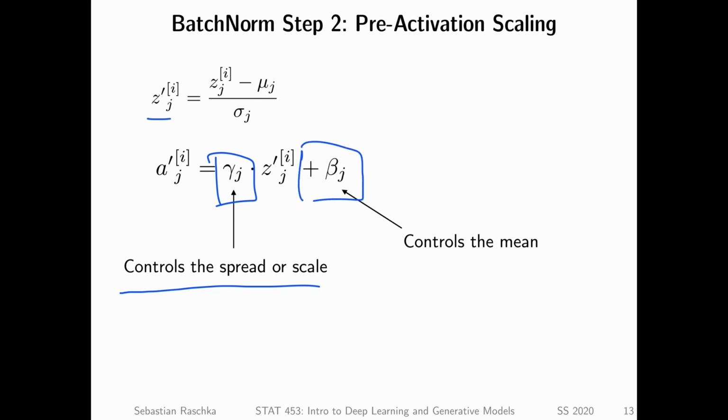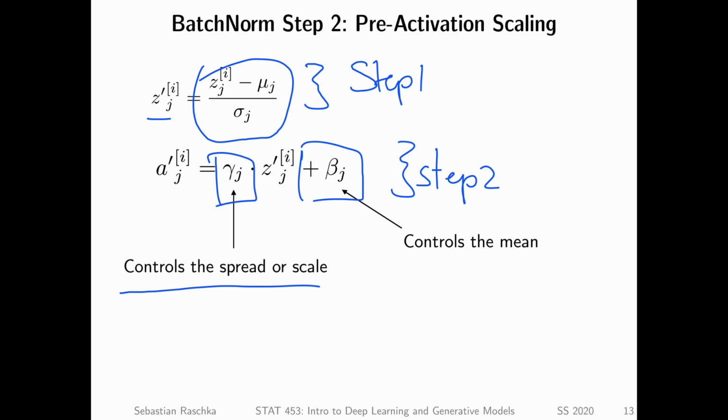If you look at this, it's basically pretty much the opposite of what we just did in step 1 here, right? So step 1, step 2. As you can see, if I would just do this in reverse, what I would do is multiply by the standard deviation and then add the mean, to undo this operation.